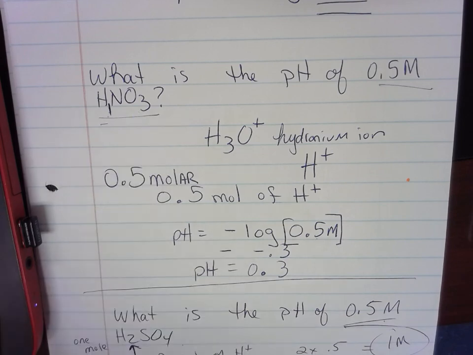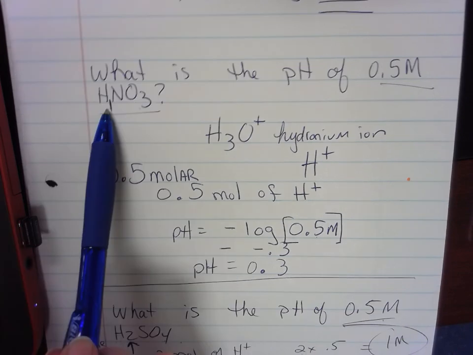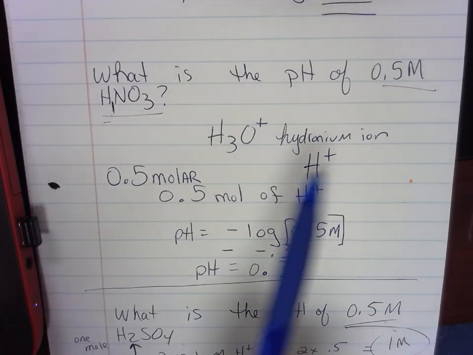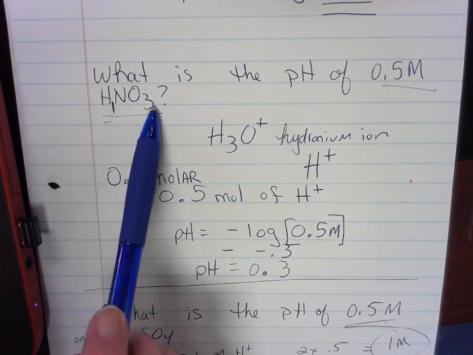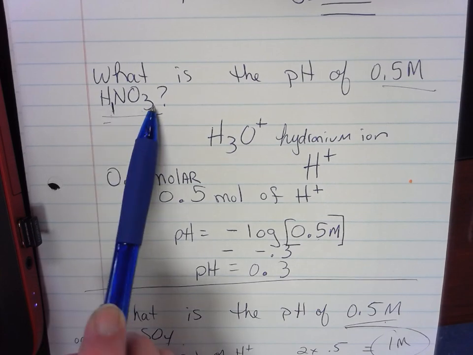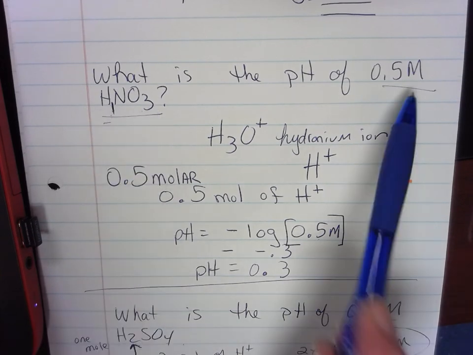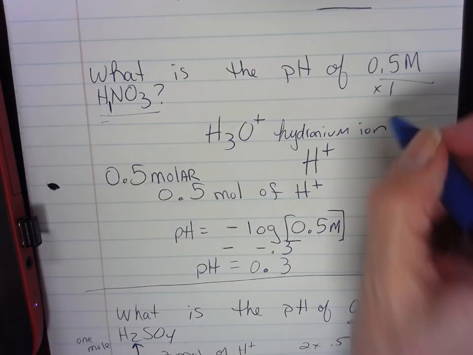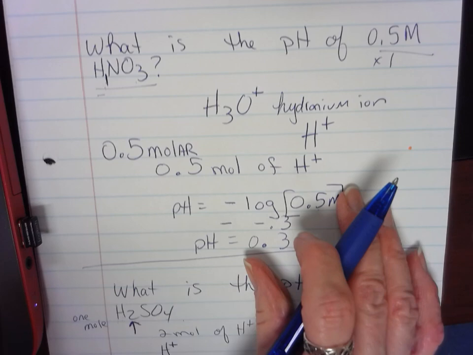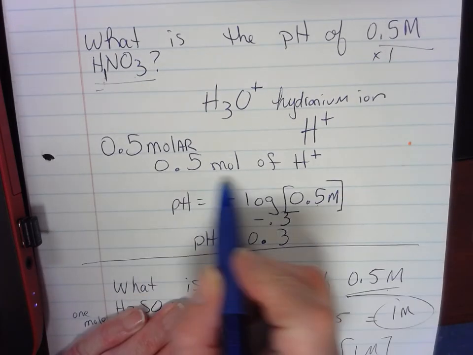So let's go through the steps again. You've got 1 mole of hydrogen with this nitric acid. So 0.5 times that 1 hydrogen that's floating around there means that you're going to have 0.5 moles per liter of this hydrogen floating around.